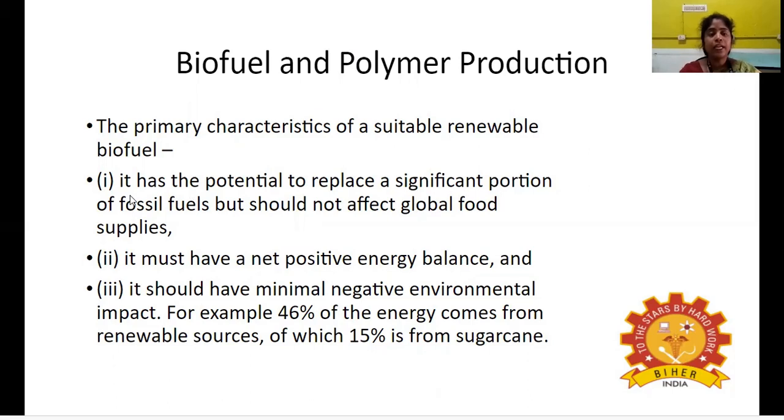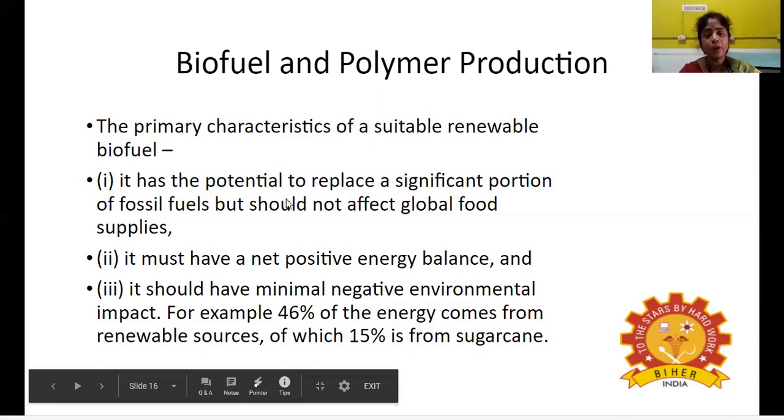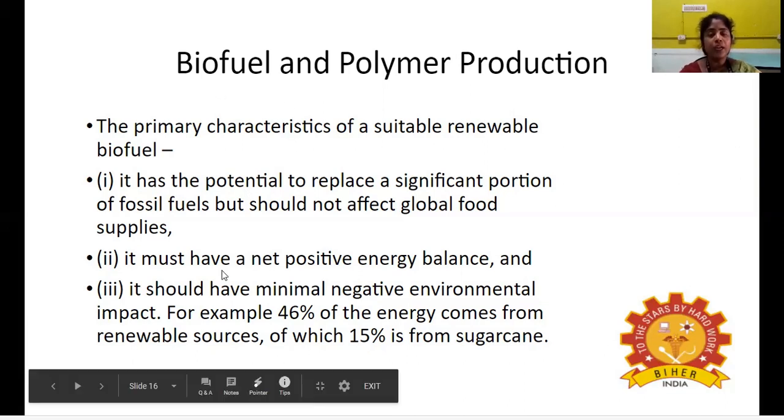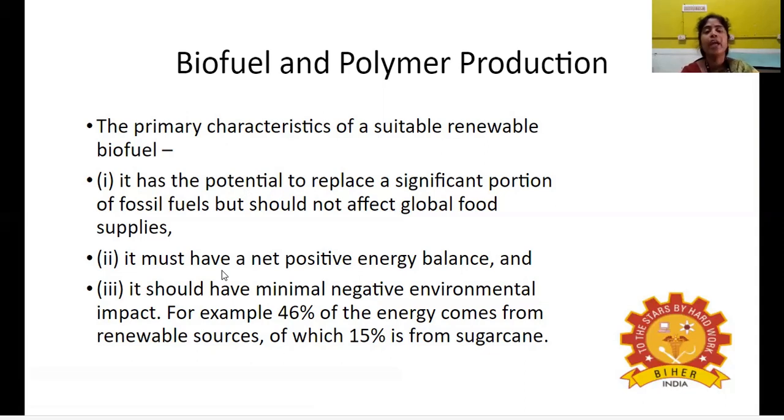It has the potential to replace a significant portion of fossil fuels, which affect our food supplies and have numerous hazardous environmental impacts on humans. To overcome that, we are using a mixed culture fermentation process to produce biofuel, which will not affect our environment or our health.